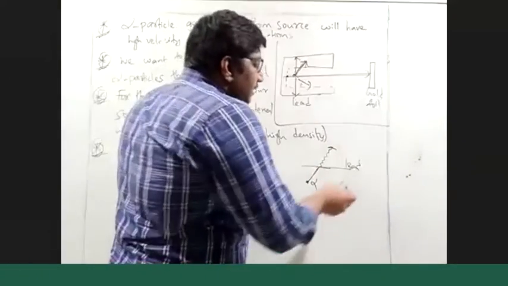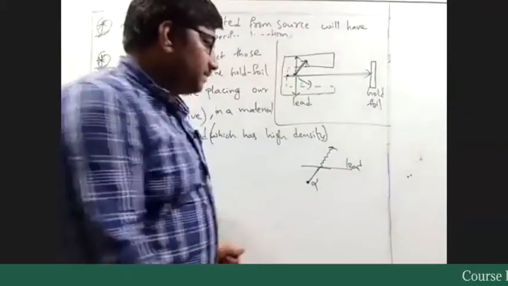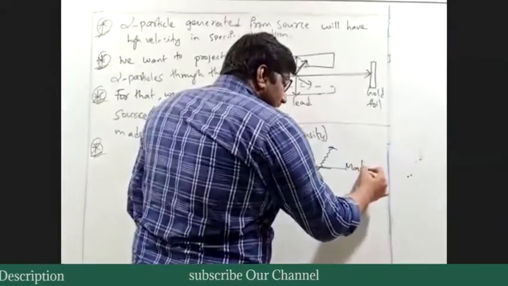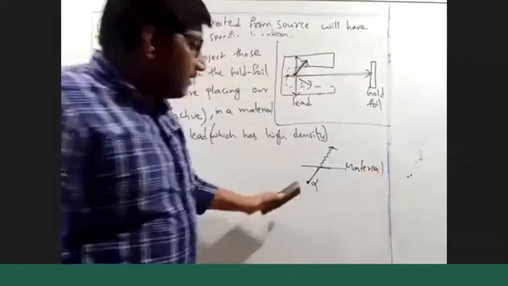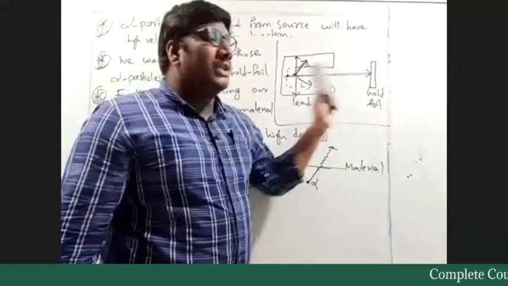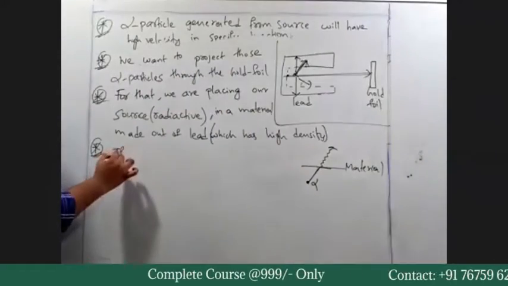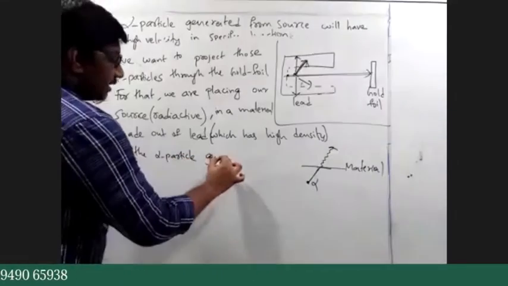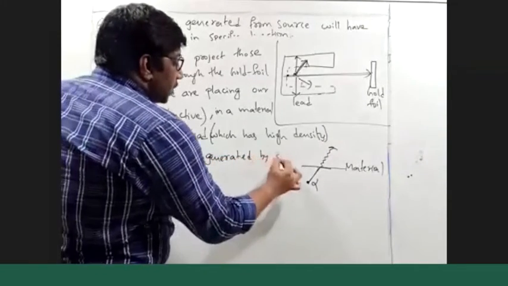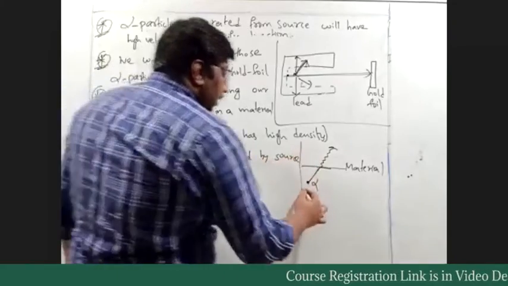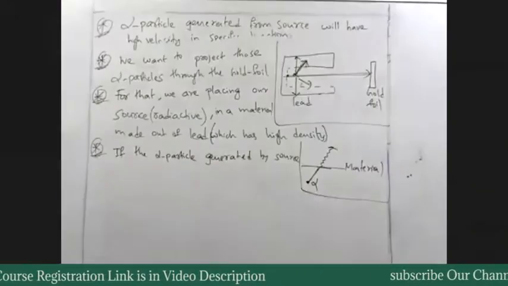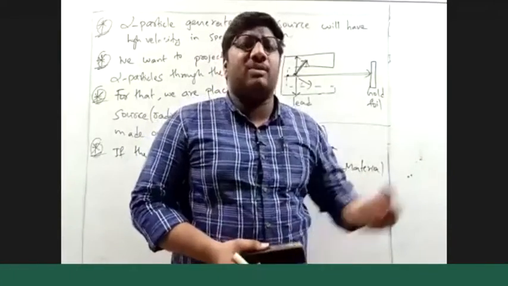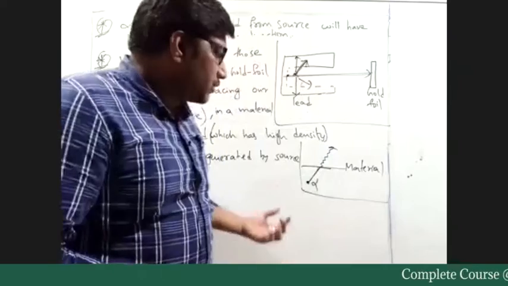So we should take a material which is of high density, not velocity, sorry. Write down this: the alpha particle is generated by the source, whatever source you take, it may be plutonium or polonium, that is our wish. Based on availability and cost, we check our radioactive source, and from that source we generate the alpha particle.